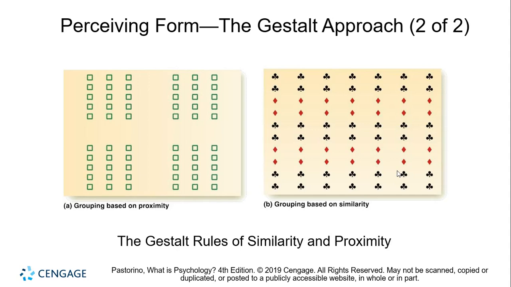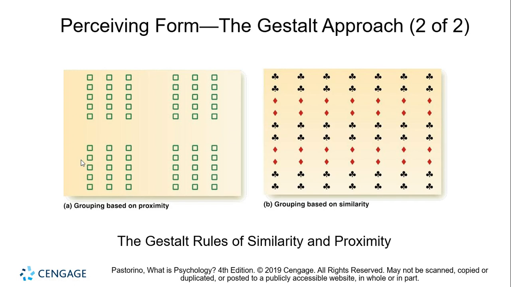Another thing we all do is group things by distance and similarity. If I ask you how many groups are here, most people are going to tell me that there are 4 groups, and very few people are going to tell me that there are 6 groups, right? 1 line, 2 lines, 3, 4, 5, 6 lines. Some people might tell me that there are 12 groups, so 1, 2, 3, 4, 5, 6, 7, 8, 9, 10, 11, 12 short lines.